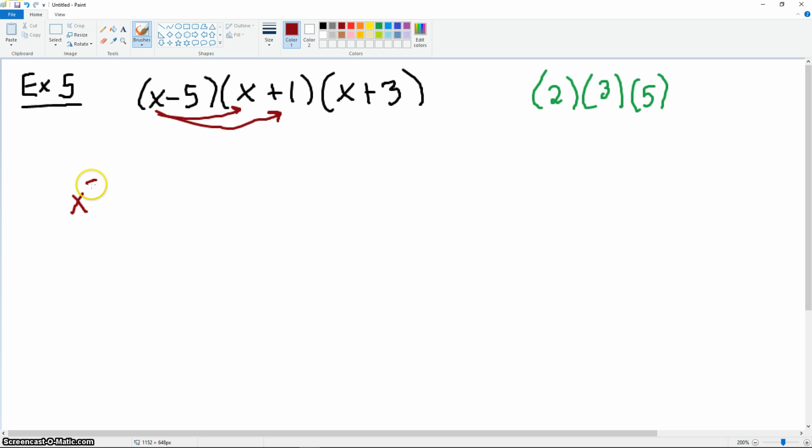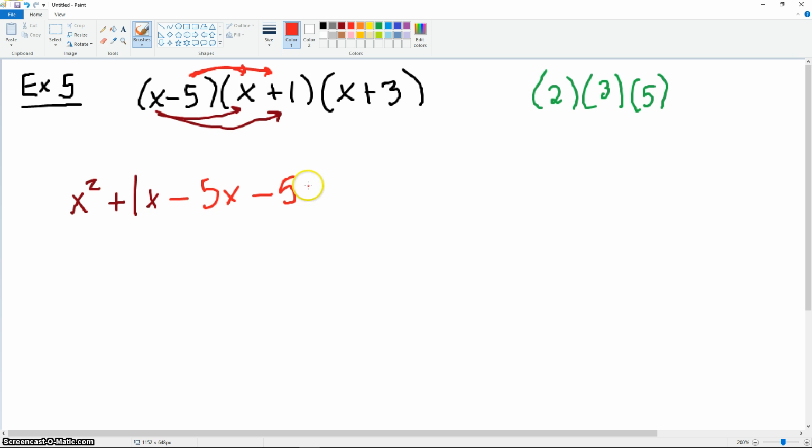I may go a lot quicker this time. x times x, we're going to get x squared, x times 1, and we get just a 1x, and then we're going to go ahead and do this part here. So negative 5 times x gives us a negative 5x, and then a negative 5 times 1 gives us a negative 5.